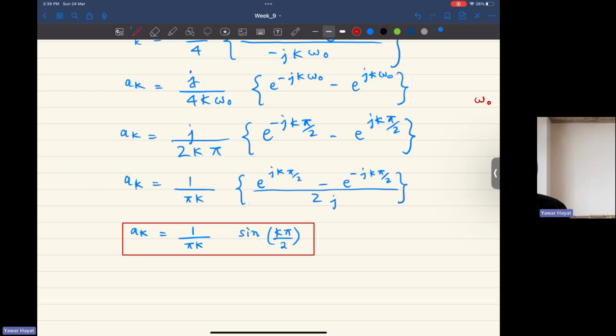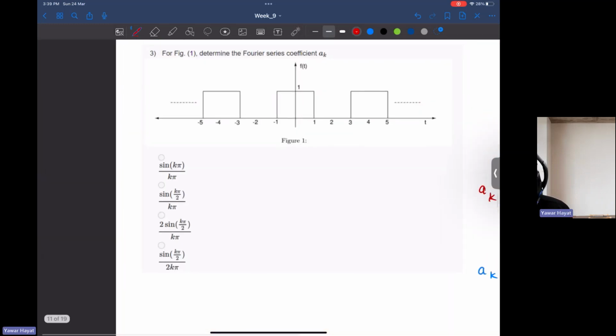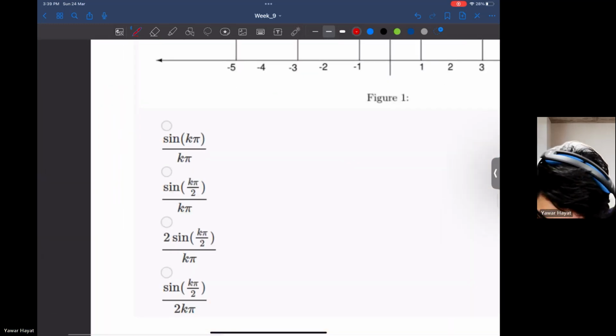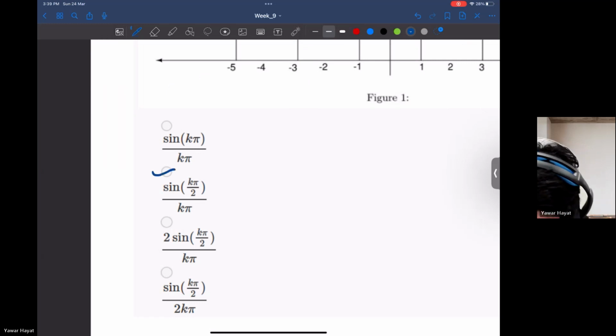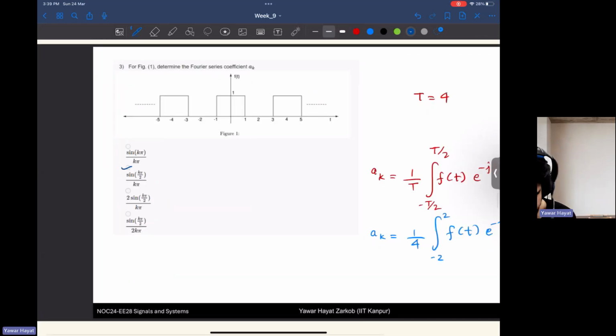So that is how you solve such questions. So option B was correct.